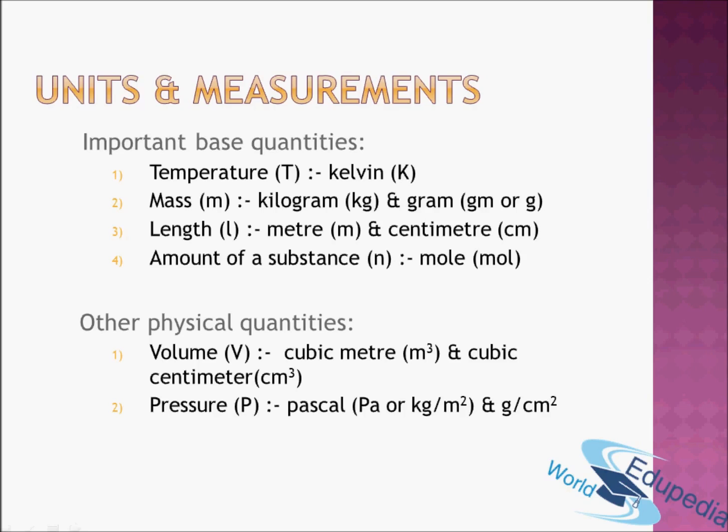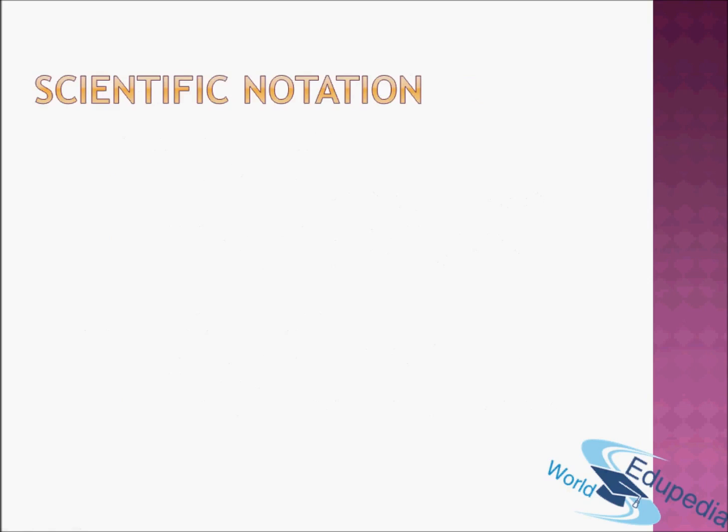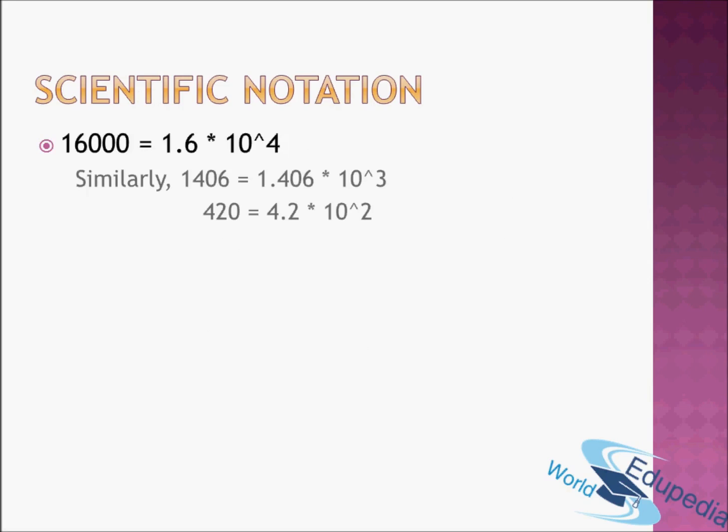Let's move on to the next basic principle, which is scientific notation. Again, we'll only review the topic and focus upon what we need in chemistry. In chemistry you need to know how to represent any number in terms of scientific notation. Let's say you have 16,000. I write it as 1.6 into 10 to the power 4.